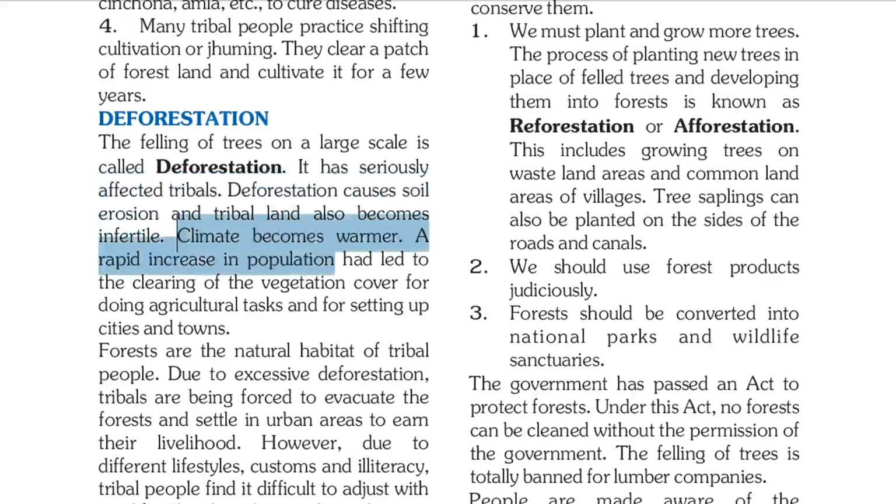Climate becomes warmer. A rapid increase in population has led to the clearing of the vegetation cover for doing agriculture tasks and for setting up cities and towns.